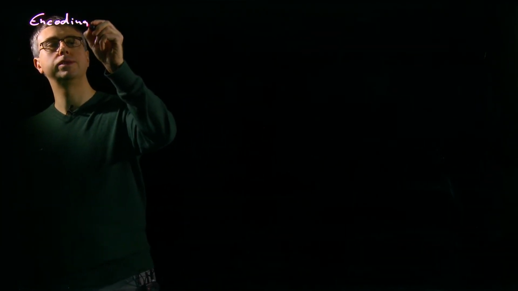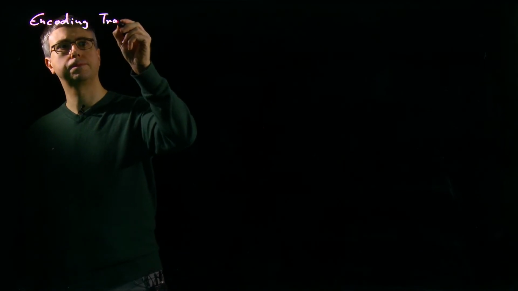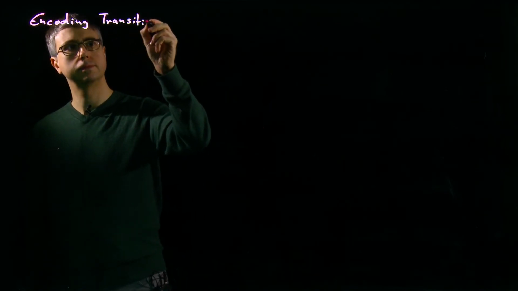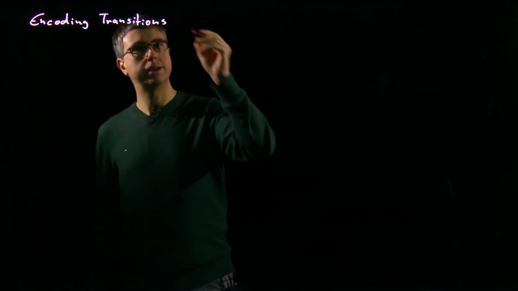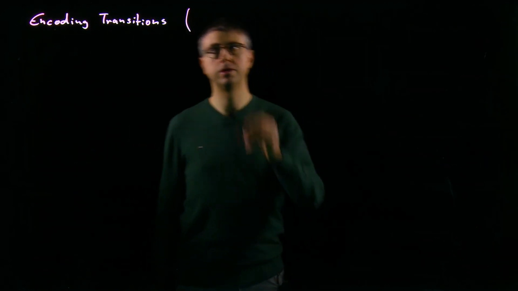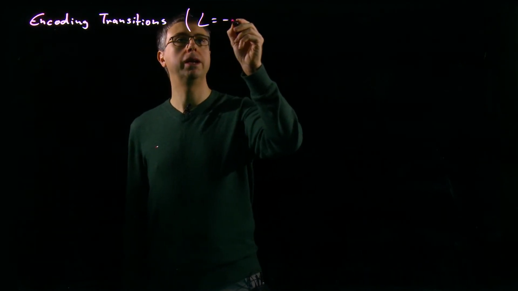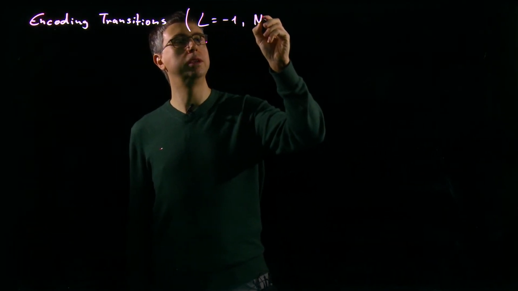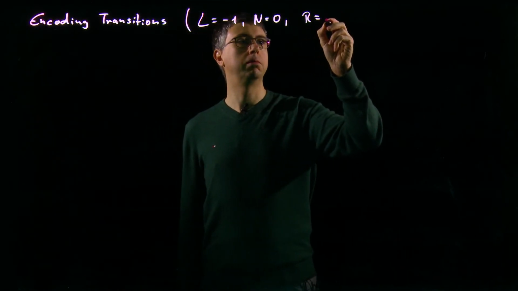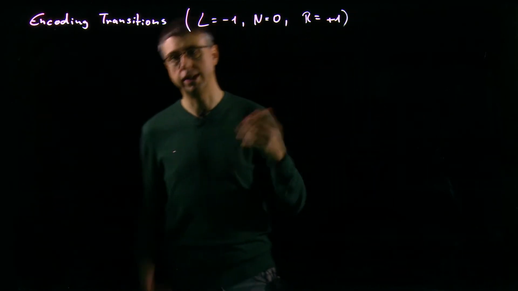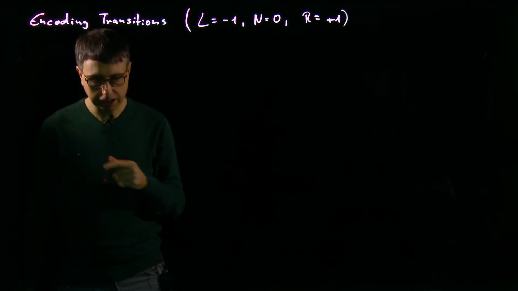Next step is the encoding of the transitions. For this encoding, I will assume that movement to the left means -1, no movement means 0, and movement to the right means +1, because then it's easy to write the formula.